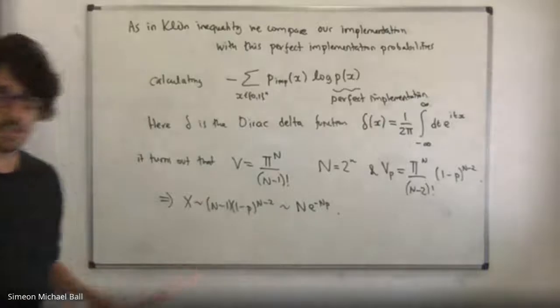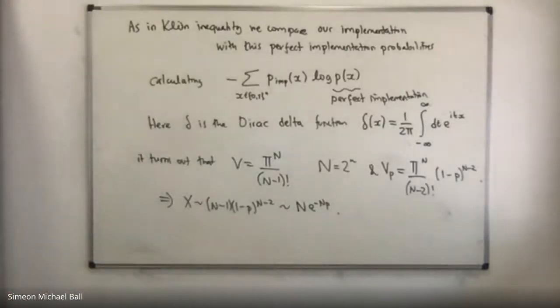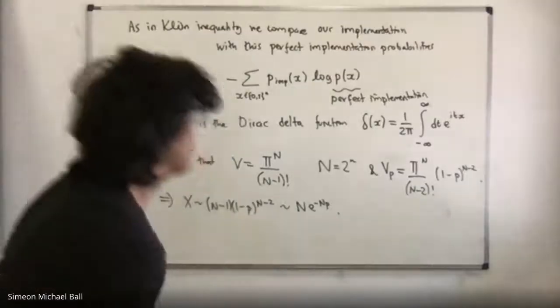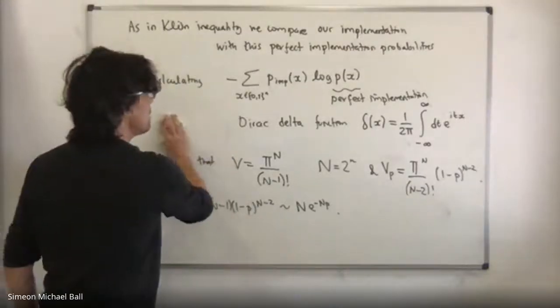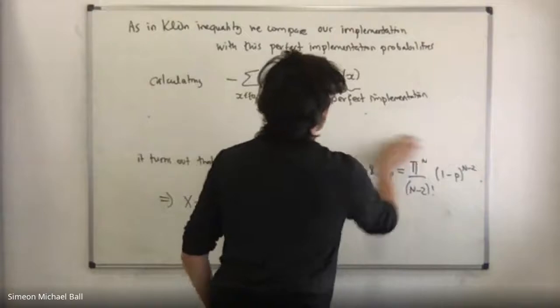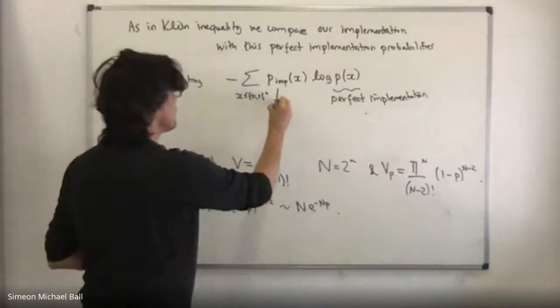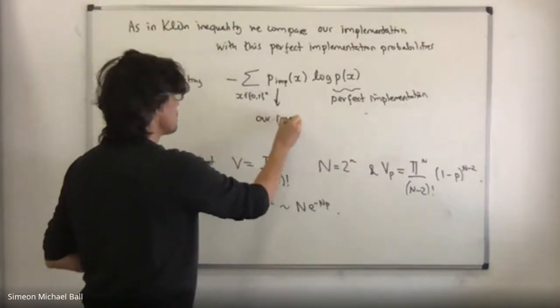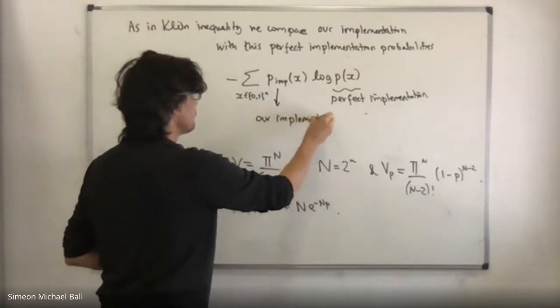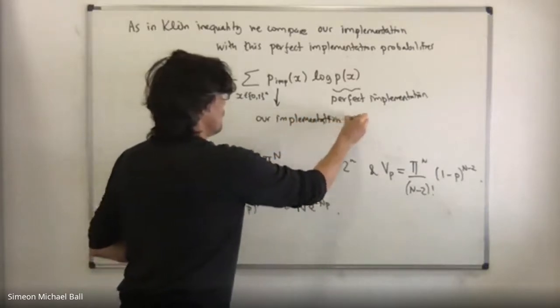Okay, so we set up this quantity, and we can calculate this for various implementations. So this is our implementation here.